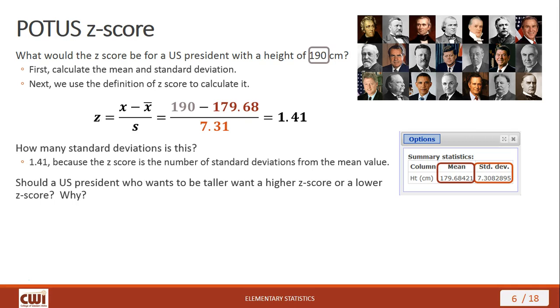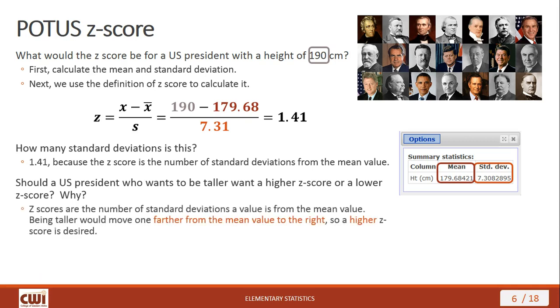Okay, so if you want to be taller, then you're going to want to move to the right of the mean value. You're going to have a value that's greater than the mean value. Therefore you would want a higher z-score because you're moving farther to the right in your distribution.